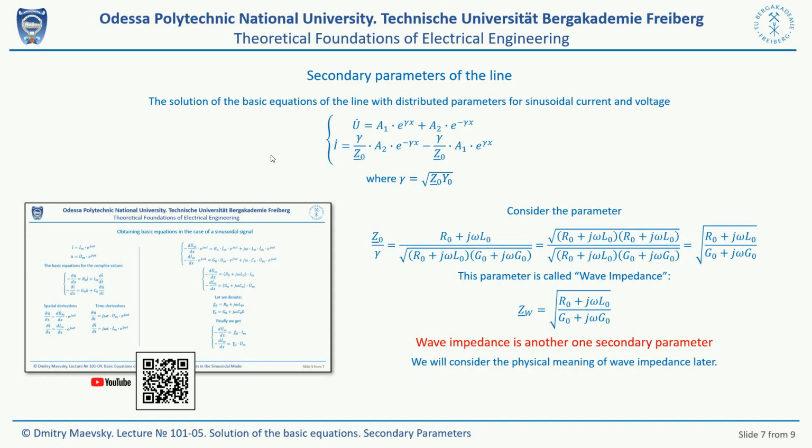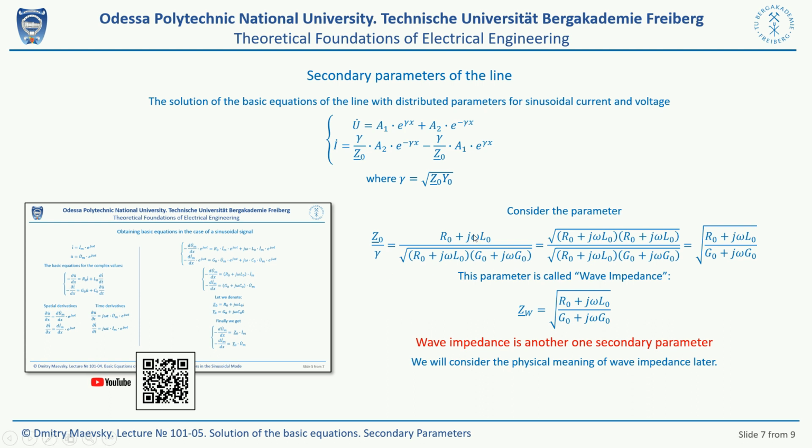Now let's talk about the fraction gamma divided by Z0. This fraction, as we see, is present in the equation for the current in the line, in this equation. Consider the inverse relationship, Z0 divided by gamma, or divided by the propagation factor.